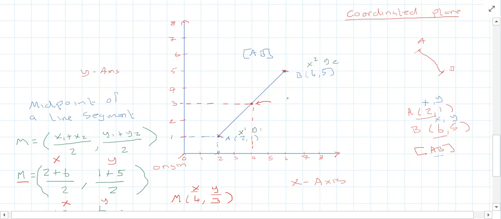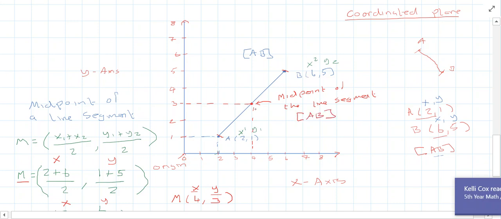So this is known as the midpoint of the line segment AB. So this is it here, and its coordinates, as we've worked out using this formula, is equal to, so M is equal to (4, 3), like so.